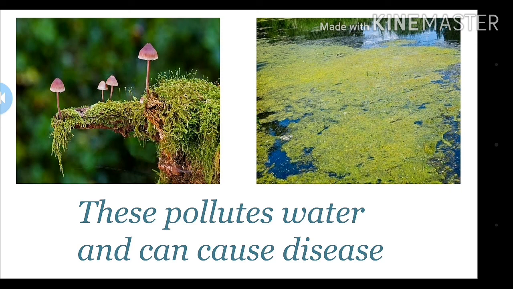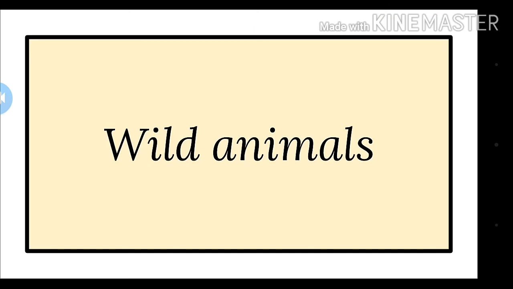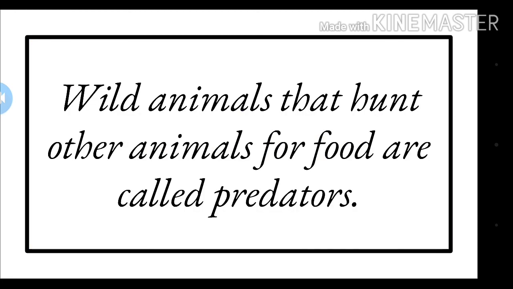And now we are finished with the useful living things and harmful living things. Now we'll learn the third term, that is the wild animals. Most of the wild animals are carnivorous animals. There are three types of animals, that is the carnivorous, herbivorous and omnivorous. Then what are predators?